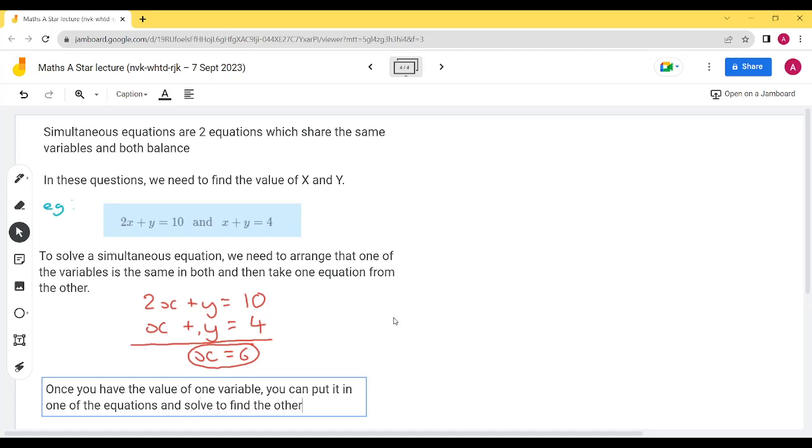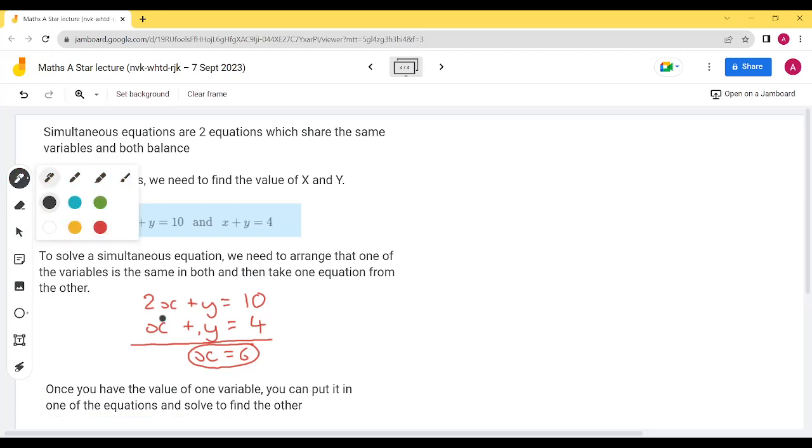So in this case, we know x equals 6. We know x plus y equals 4. So we can rewrite this as 6 plus y equals 4.